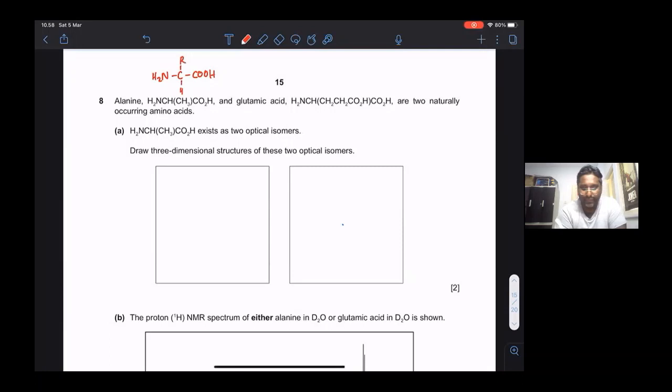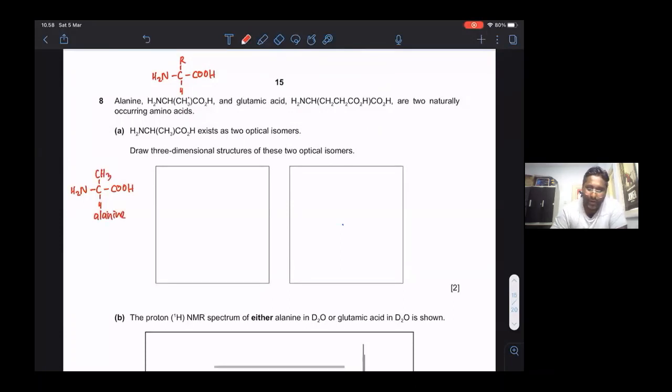The R group is the one that will change. The R group for alanine is going to be CH3. You can see from here. So if I copy this, for alanine I can just change this one into CH3. That is alanine.